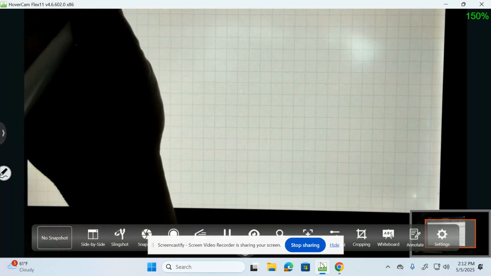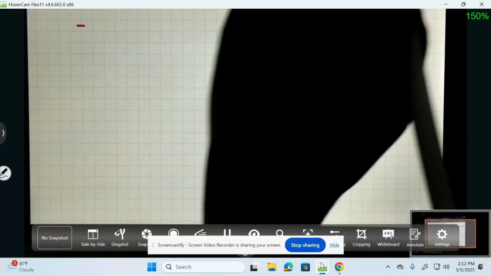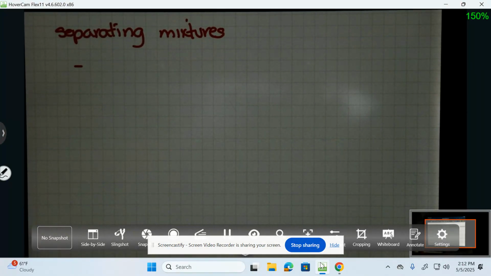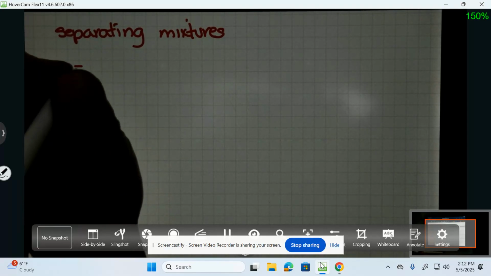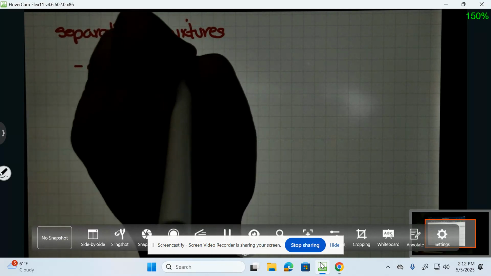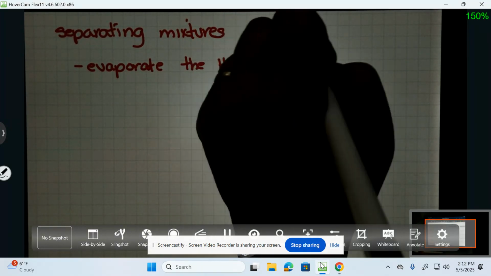Okay. We can just look at it. We can separate it. Maybe that'll save me a little bit of battery. We can evaporate the water off from a solution.